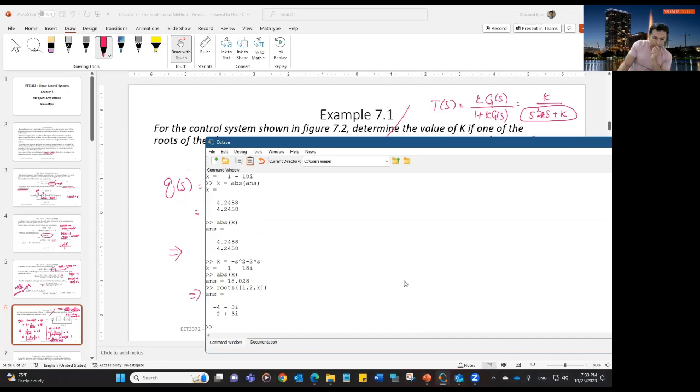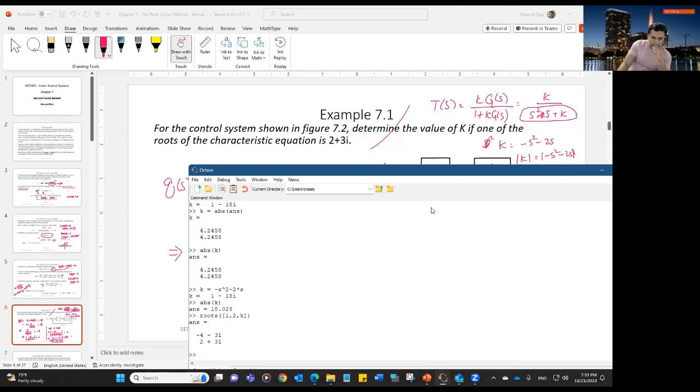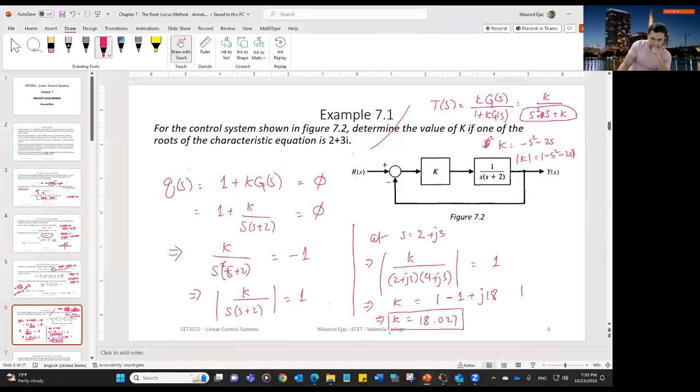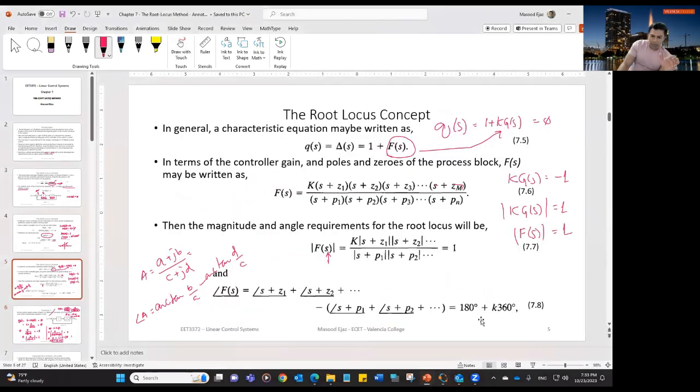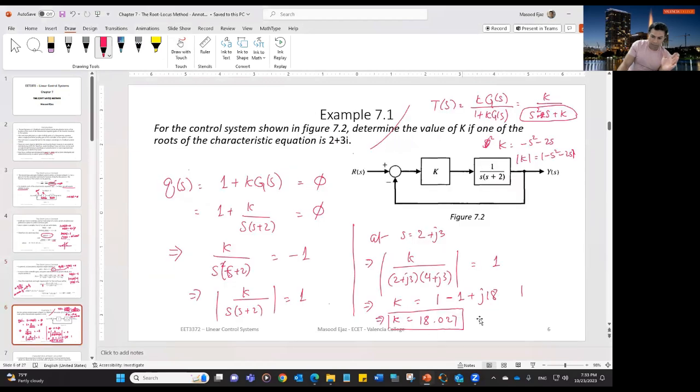Okay, yeah, that could be the answer. It is showing one of the values, but if we have one root as complex, then of course there's going to be a complex conjugate for that as well. So this value may not be part of the root locus. Anyway, this is how we calculate the value of k and check if we have the correct root.